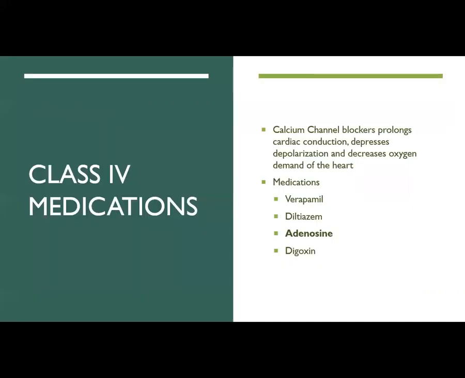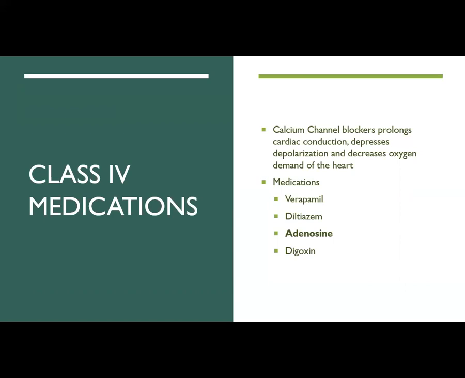We talked about some of our calcium channel blockers, but our class 4, our calcium channel blockers, prolong cardiac conduction, decrease depolarization, and decrease oxygen demand of the heart. Some of the medications that are calcium channel blockers are verapamil and diltiazem.